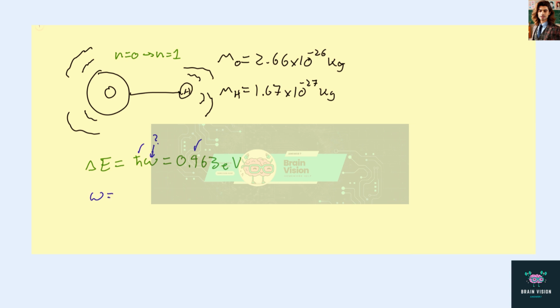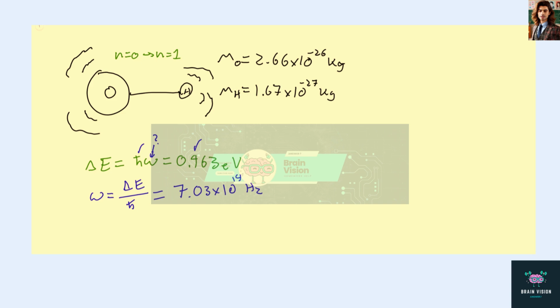So just by rearranging things here, we calculate this to get our frequency, which in terms of just hertz, is 7.03 times 10 to the 14 hertz. So it's vibrating at 7.03 times 10 to the 14 times per second. And this is in this terahertz range.